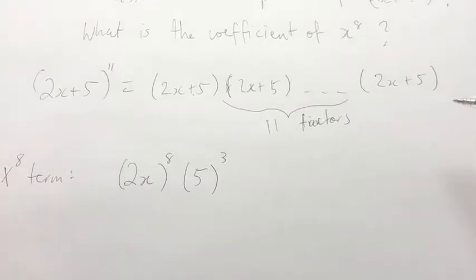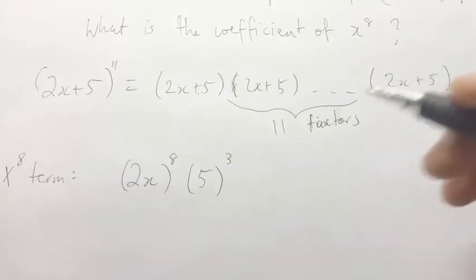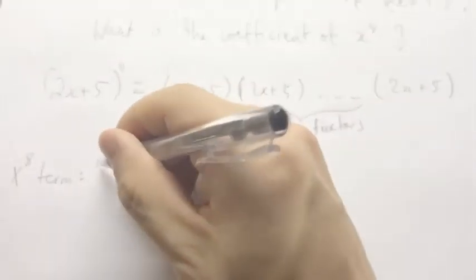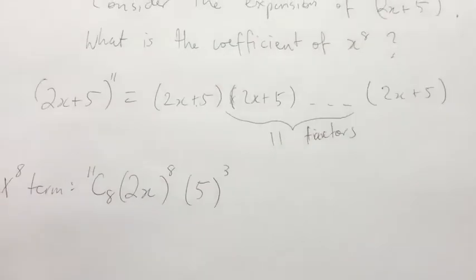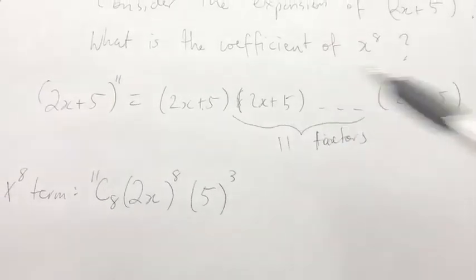But there's also 11 choose 8 ways of picking which brackets you'll take the x from and which brackets you'll take the 5 from.